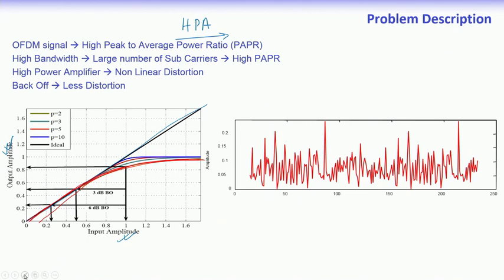Why do we talk of back off? Because if we are moving away from the saturation point, then we are in the linear region of operation, so the signal goes out in an undistorted manner. But the problem is we are going to get less output power.